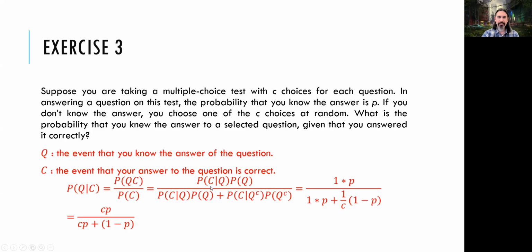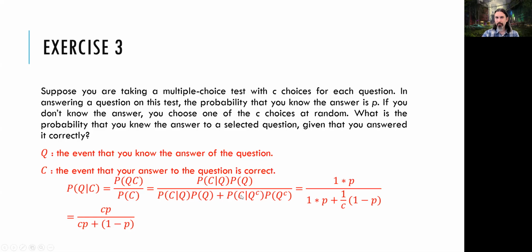And now we will just write all the probability values in them. For example, for the first part, C given Q. Okay, you know the answer. The probability of answering it correctly is 1 because you know the answer. And then knowing the answer in any given question is P. Again, this is the same, 1 times P. And in here, you don't know the answer and you want to answer it correctly.